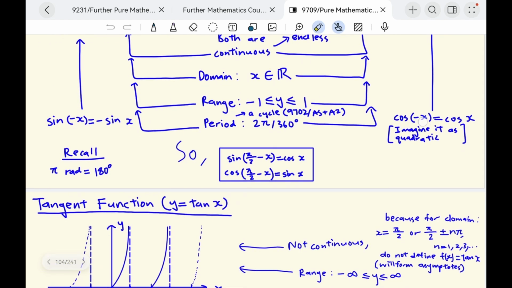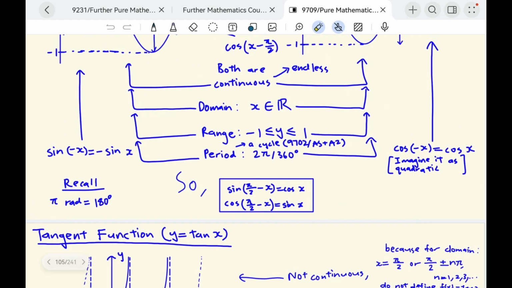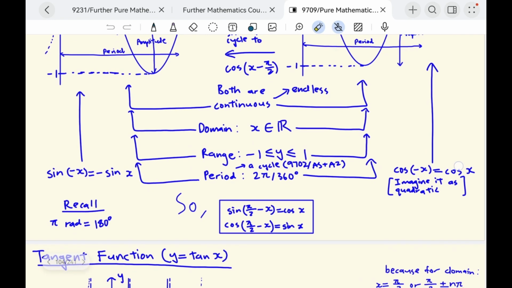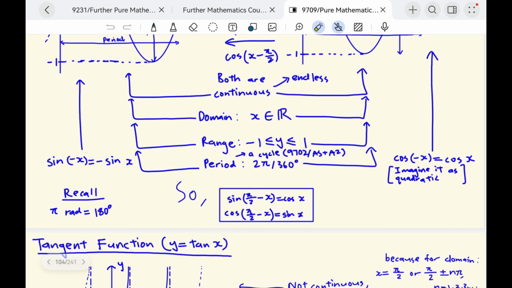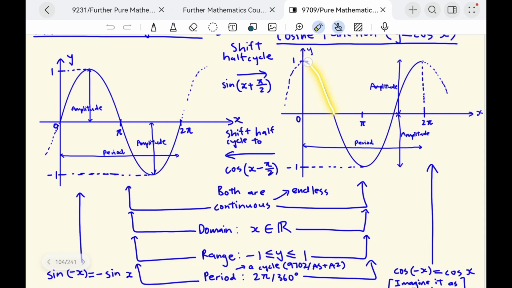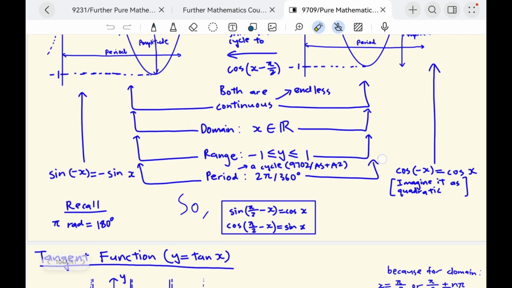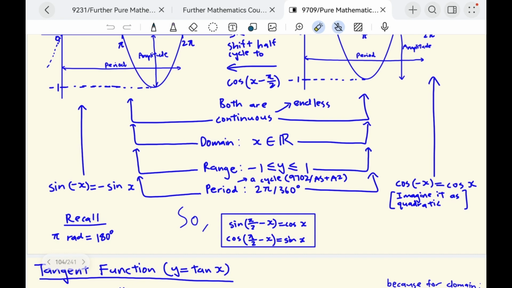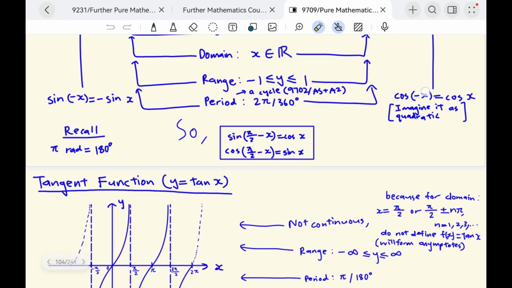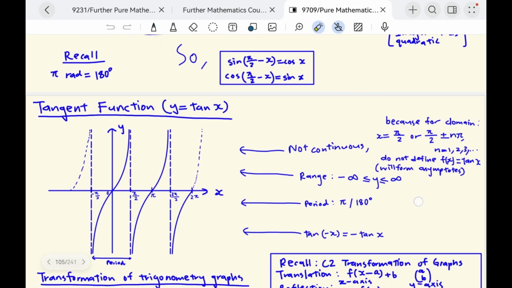This we can call the Maclaurin series, which you will learn in Further Mathematics paper 2, for Pure Mathematics 2. Imagine the cosine function as a quadratic function for this interval. I'm not going to go through this for you, so please read through by yourself. If you have any questions, just reach out to me. Don't be shy.